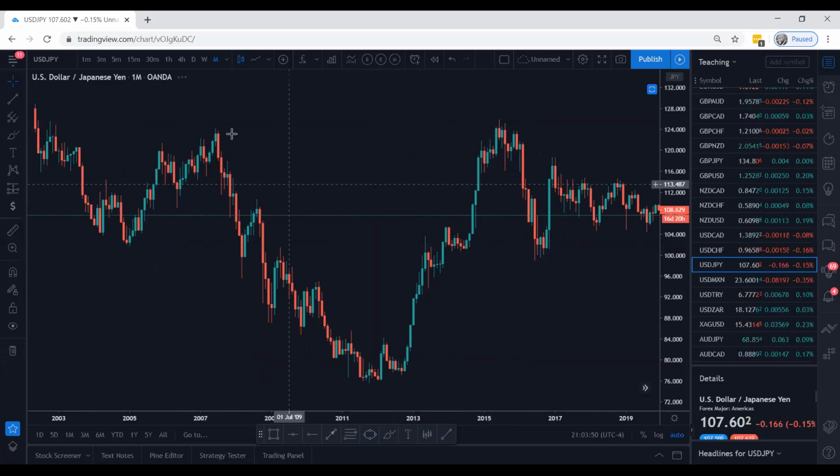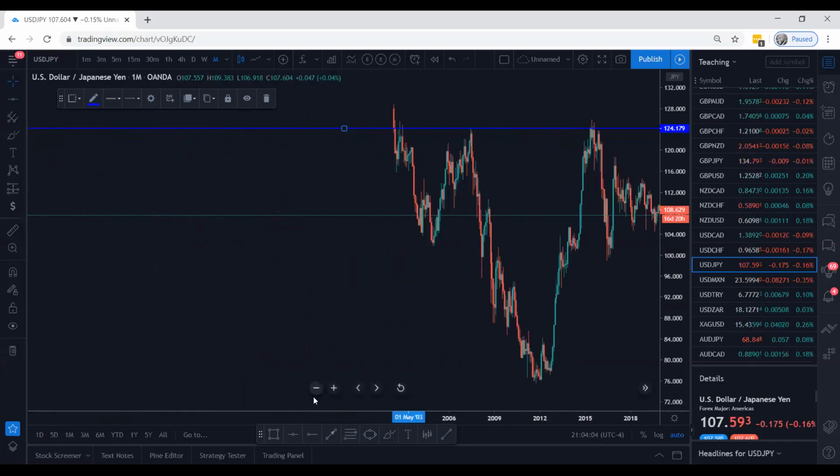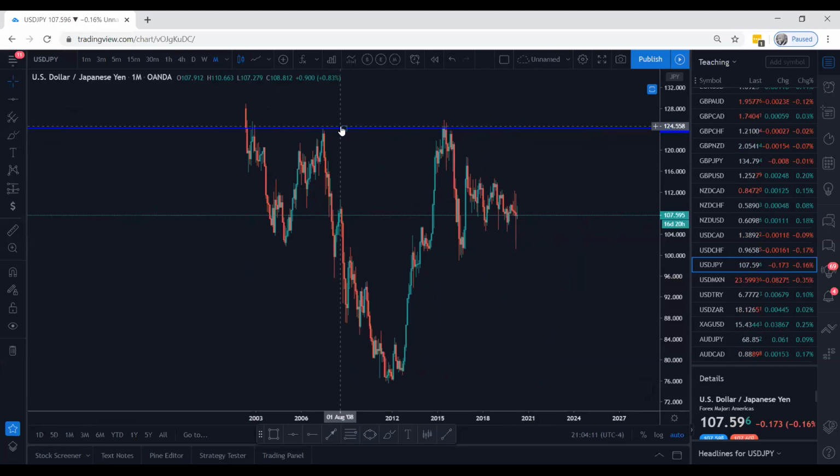So you'll see like here, price has pretty much come to this same area and rejected off of it every time it's come there. Now, we don't necessarily need to know what price did all the way back in 2003, but just to know what looking left and see that price has come to that area, when price comes back there, we're probably going to be looking for it to push down.